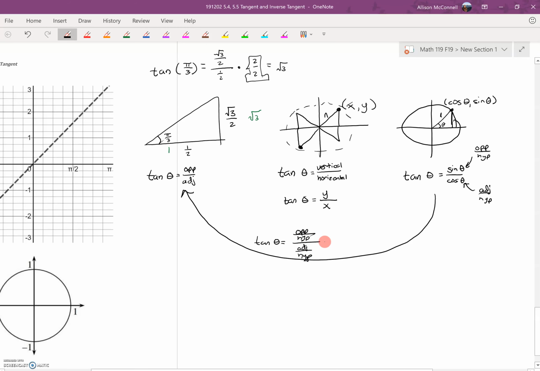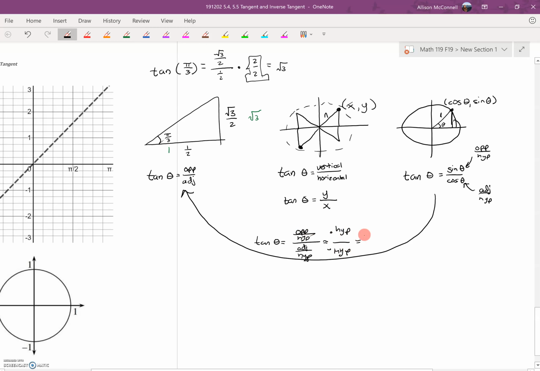However you want to simplify this, you know that this is going to be equivalent to opposite over adjacent because these hypotenuses will divide to equal 1. I kind of just think about it as multiplying by the hypotenuse over the hypotenuse.